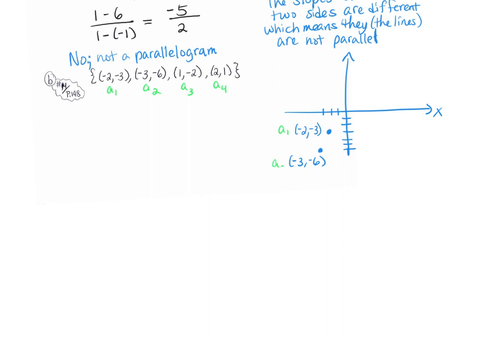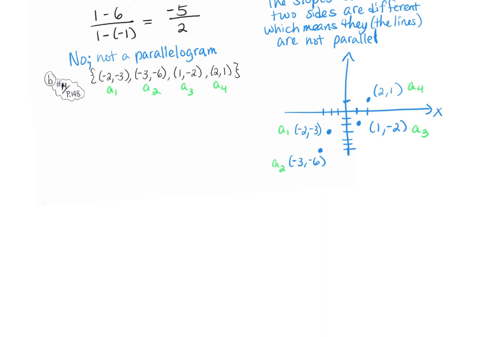That's A1, that's A2. A3 is 1, -2. And then we have 2, 1. So we'll call this A3 and that one A4.